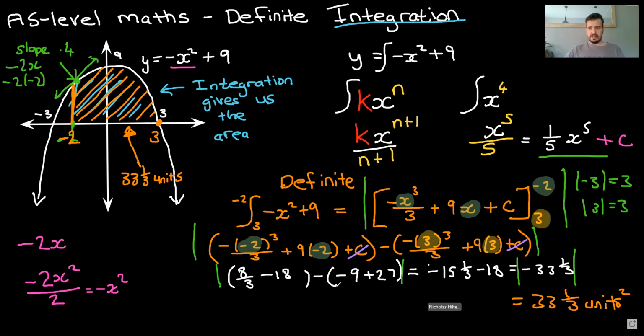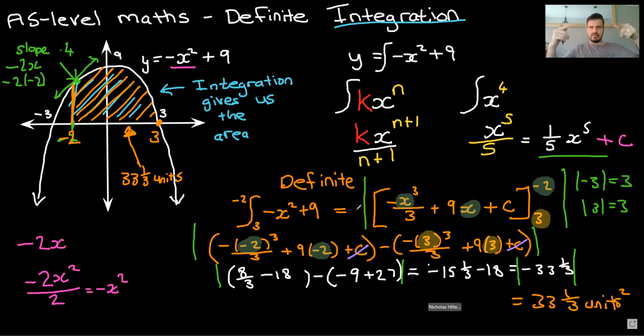And then we know that it's possible to get a negative value, which we saw here, -33 1/3, which of course we cannot have as a negative area. It doesn't make sense, because if you find the area of a square, it's the area of a square.